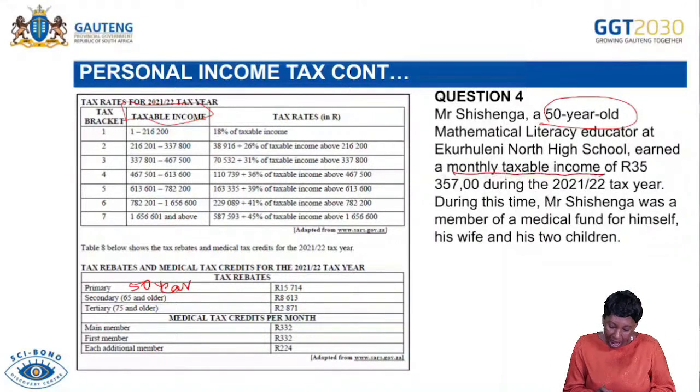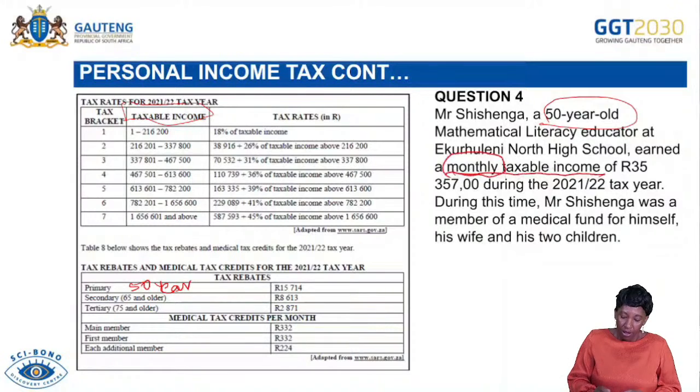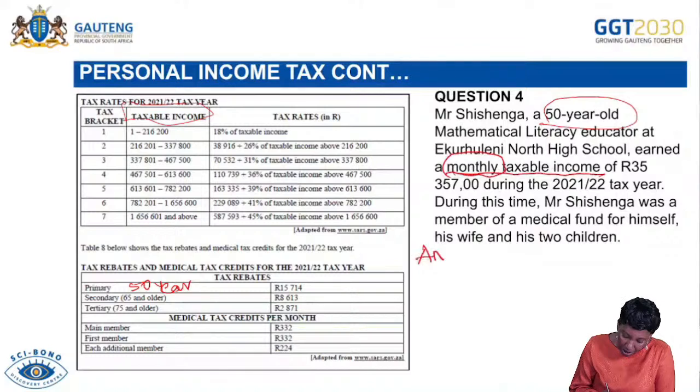On the 35,357. And they are also telling us that it is a monthly income. So for us to be able to work on the tax rate table to calculate the tax, the taxable amount that he has to pay, not the tax that he has to pay, then we take this one now to convert it to annual salary.